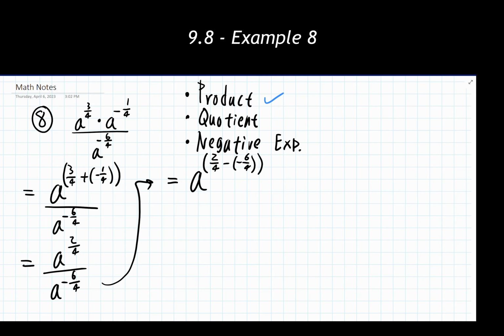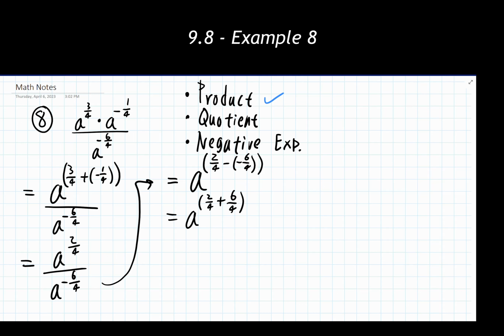We keep that denominator as a negative inside here, and then we'll deal with this double sign stuff shortly. I rewrite that, because I don't like double signs, I always get them confused, as a to the 2 over 4 plus 6 over 4 power.